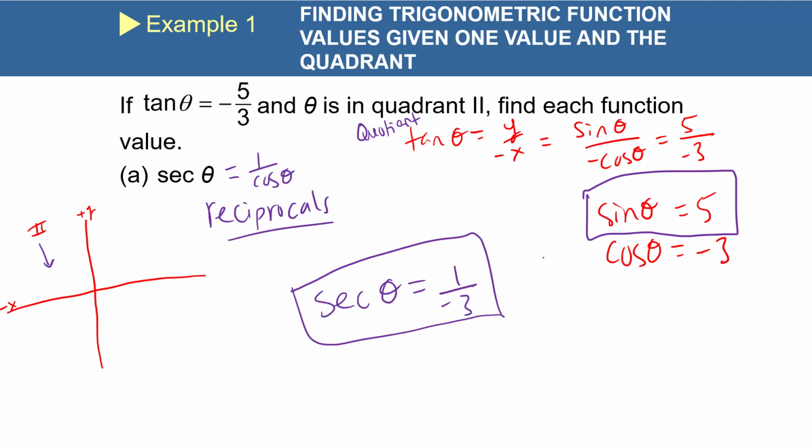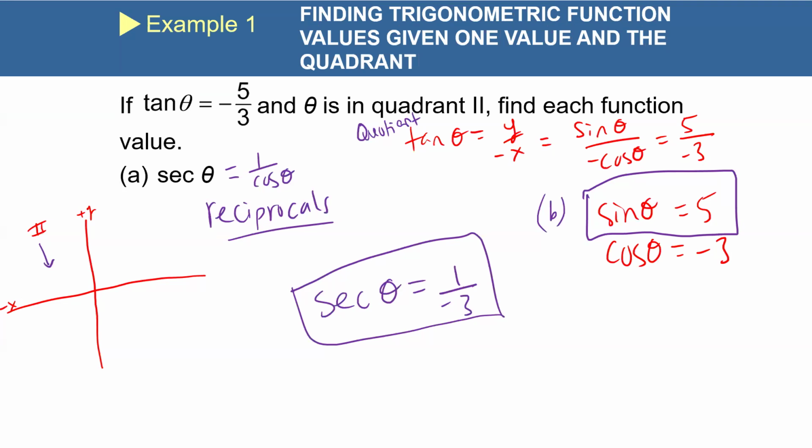I'm listening. What other values would be negative? All values are negative except sine and cosecant because we're in quadrant 2.